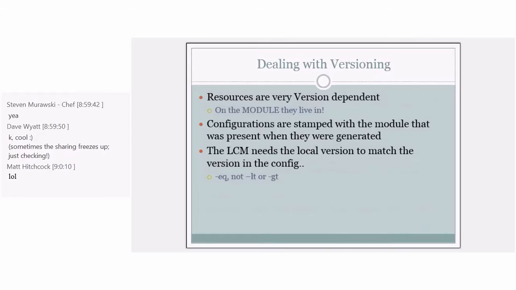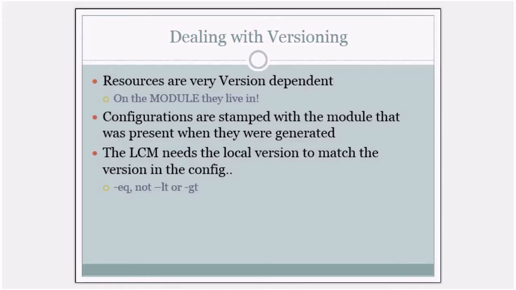So I had to deal with versions, and versioning is extremely important when it comes to DSC resources, because DSC resources, when they're generated, have that module version. Now, the module version for a resource is the module version of the module that contains the DSC resource. DSC resources themselves in structure are a module, but their version is irrelevant.